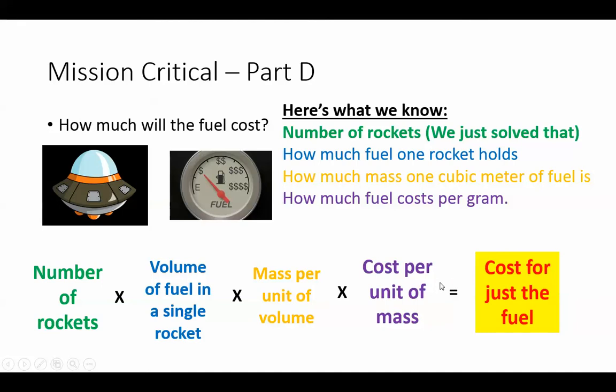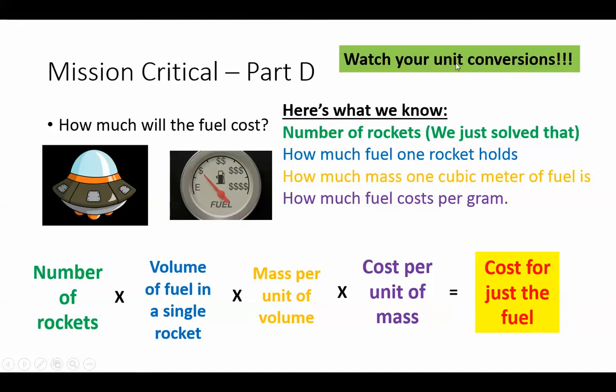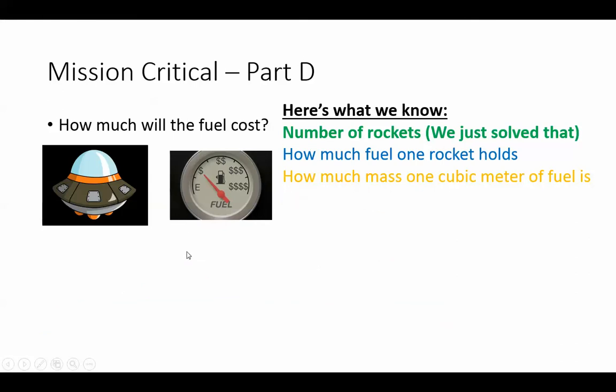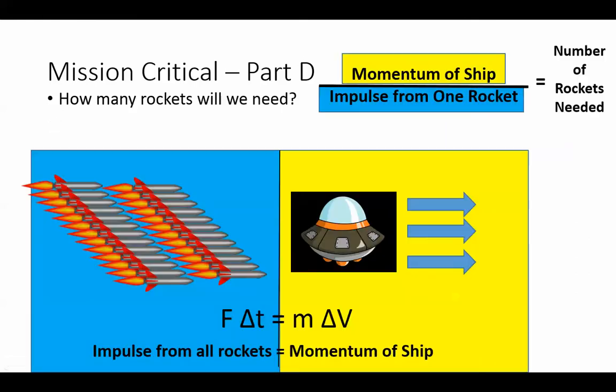Now, the biggest mistake that I see as people go through these steps is that they forget their unit conversions. As a reminder, if I go back here for just a minute, when we were solving for the amount of rockets, remember that the information that was given to you in terms of time was in minutes. Well, it's got to be in seconds in order for you to get the right answer. So you'll have to do some converting there.